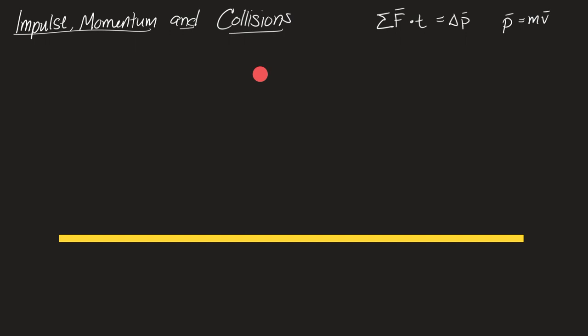Now I'm going to ask a question. It's not obvious, but I want to see at what level you're able to think on a Tuesday morning. I'll give you the situation, and I want you to tell me the answer. I have a nice little bouncy ball.